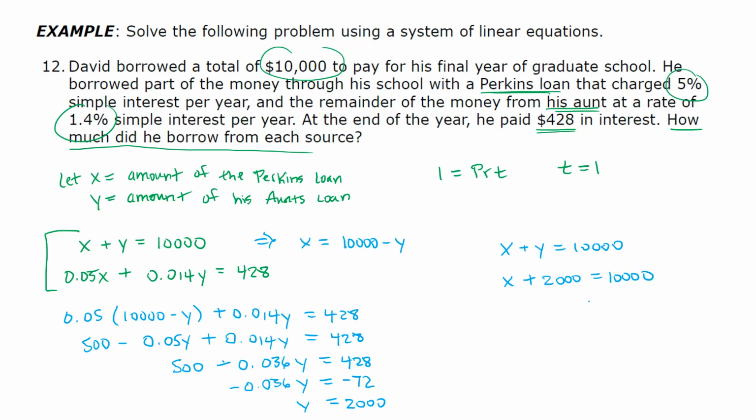Then subtract 2,000 from both sides, and I get 8,000.